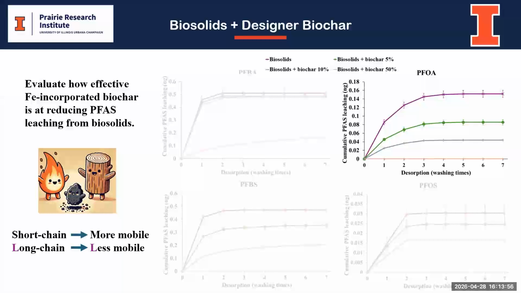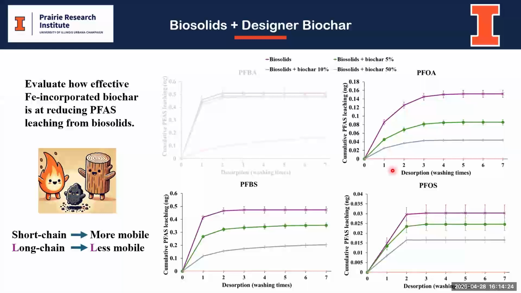The results show that the higher the percentage of biochar mixed with the biosolid, the lower the leaching. You can see that the line is on the bottom, is here. They were not leaching for the 50% biochar inside of the biosolid, and for the line where the biosolid had no biochar was the higher leaching.